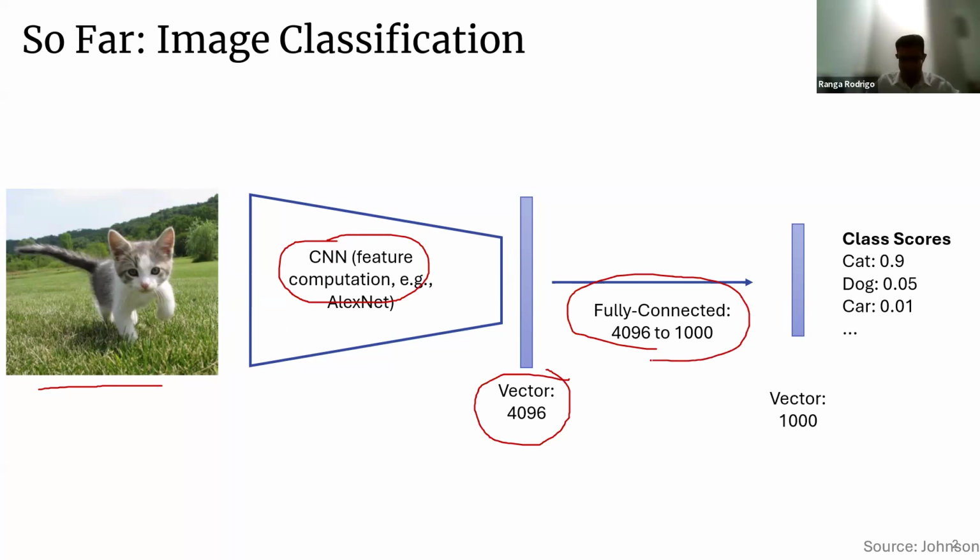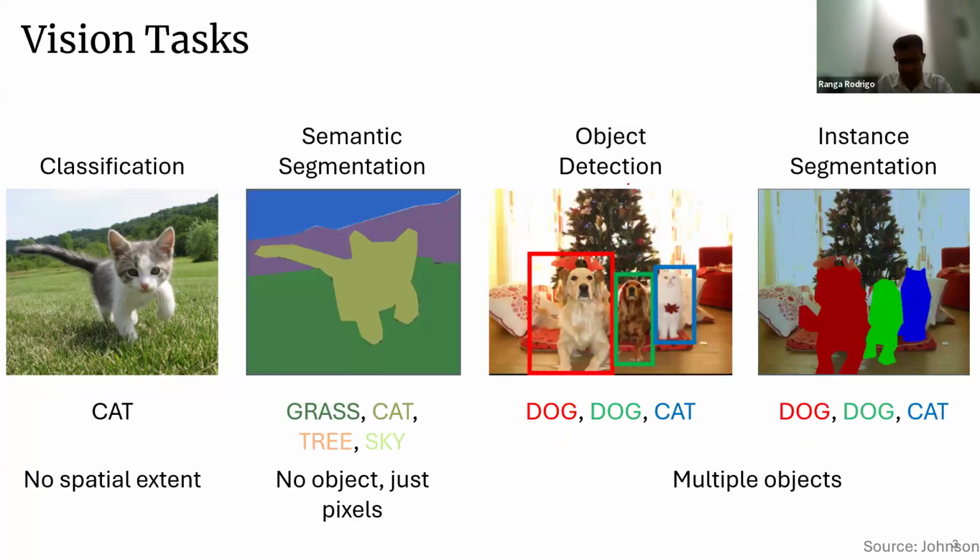Because there are 1000 classes, and for each of these classes, it will give a probability. So therefore, the highest probability class is the class of this image. That is the image classification. So it is a label per class. But there is only one paradigm. There's no spatial extent that is considered here.